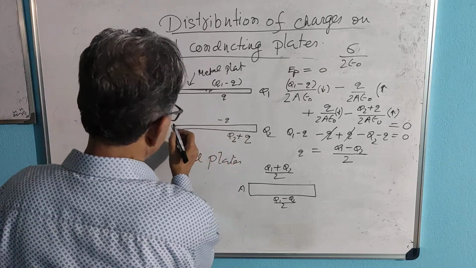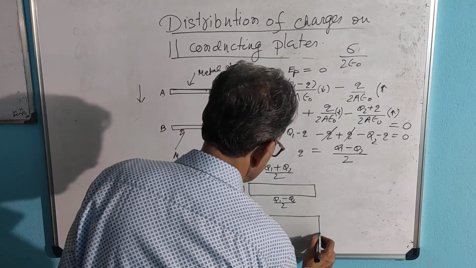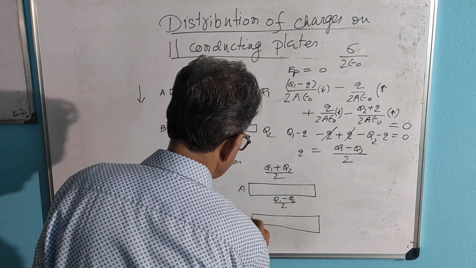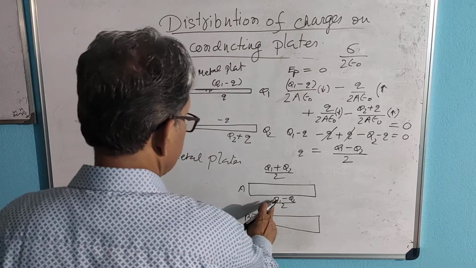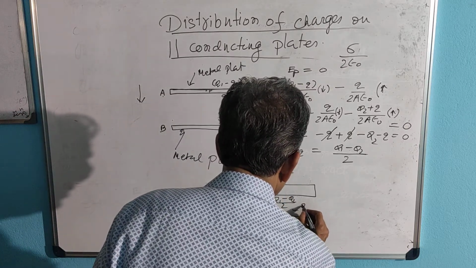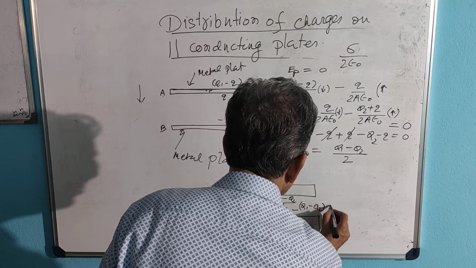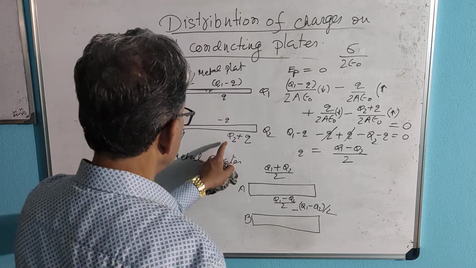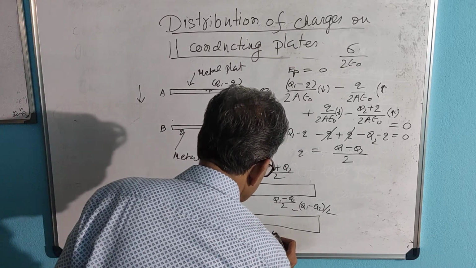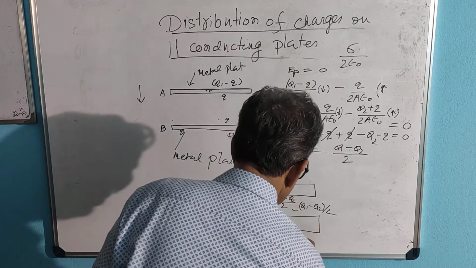And what will be the charge on the B plate upper face? This is the B plate upper face. This is Q1 minus Q2, opposite. That is minus (Q1 minus Q2) divided by 2. And what will be the lower face? Q2 plus Q. What is the Q?